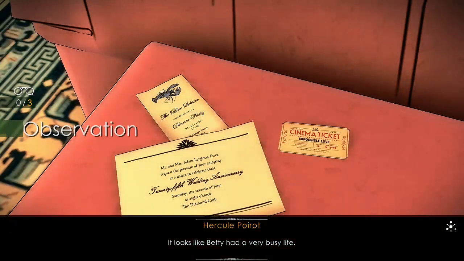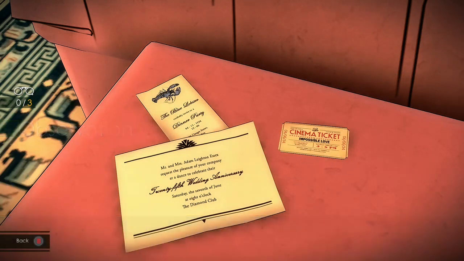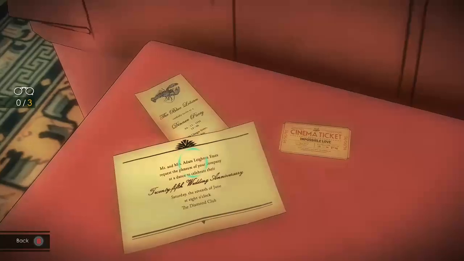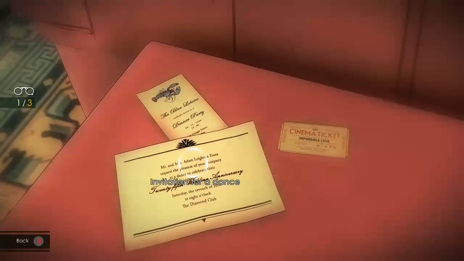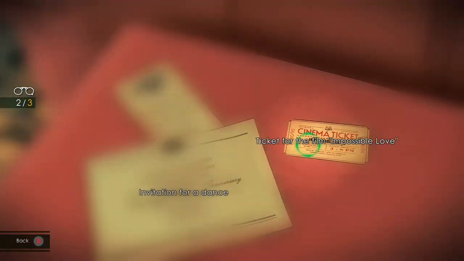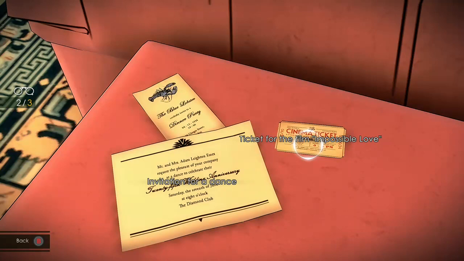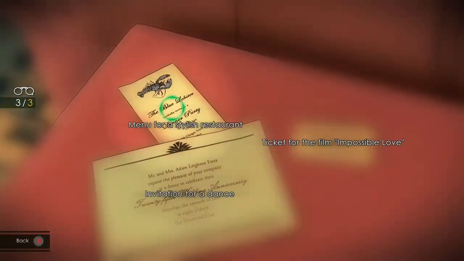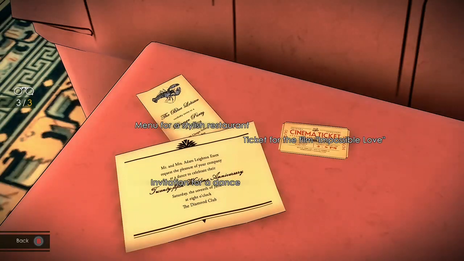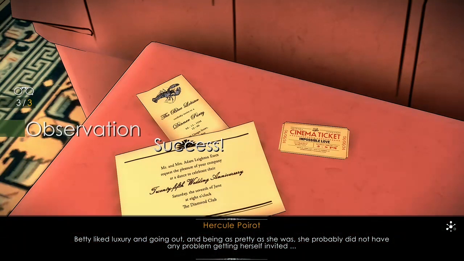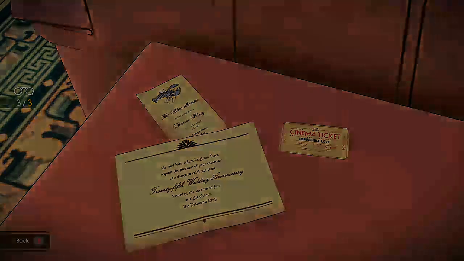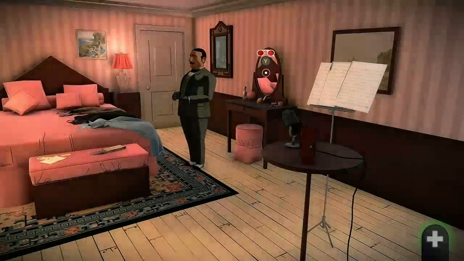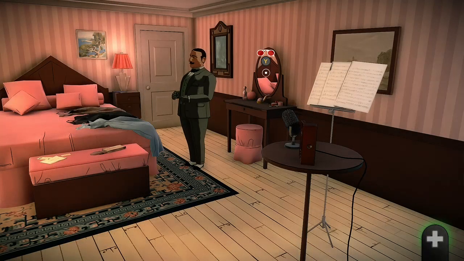It looks like Betty has a very busy life. Betty liked luxury and going out, and being as pretty as she was, she probably did not have any problem getting herself invited. Especially if she was playing the field, like what her sister reckons.